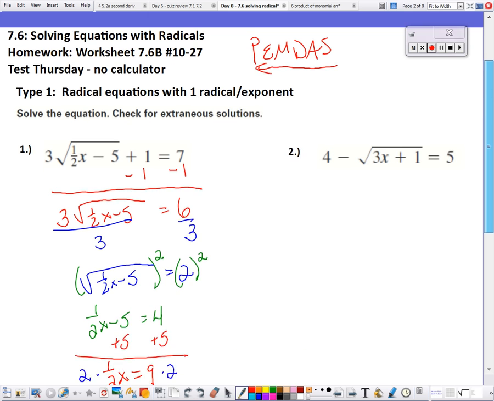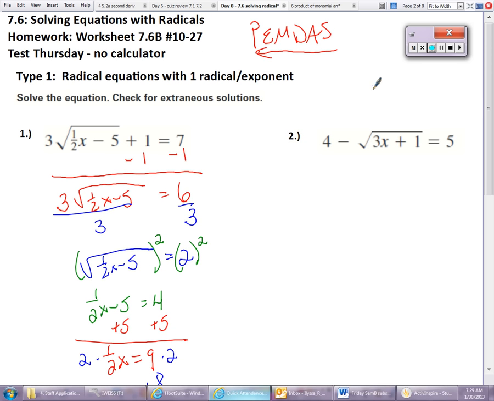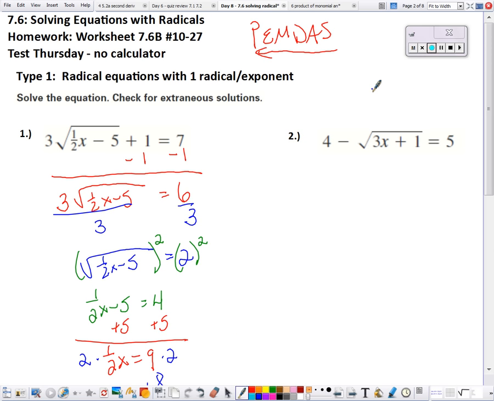We're going to do that all again with number 2. So we're going to pause the video so you can write down the problem. Okay, so to start we have to subtract 4. And then we're going to divide by -1.